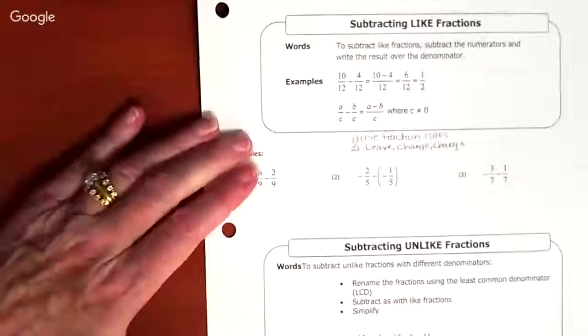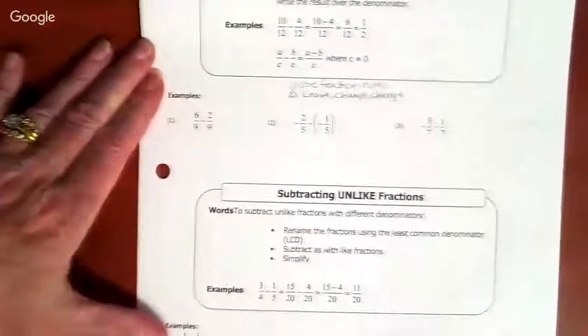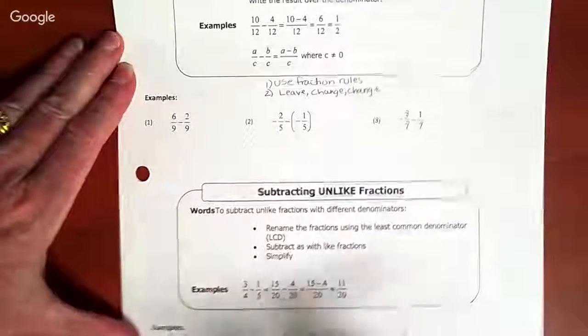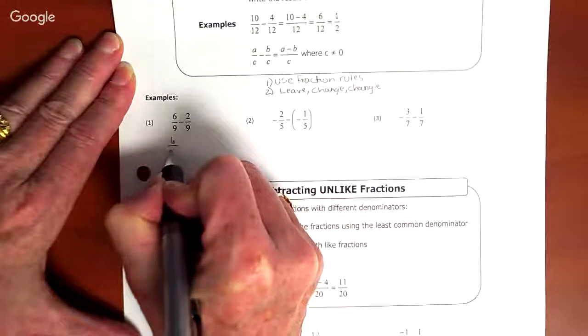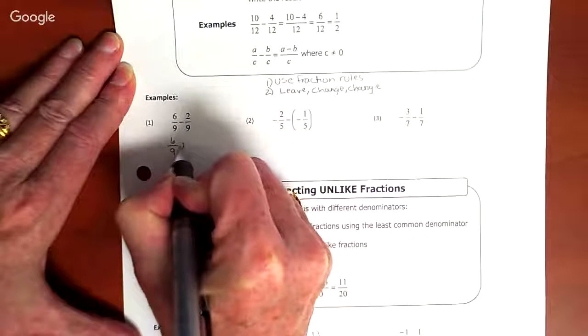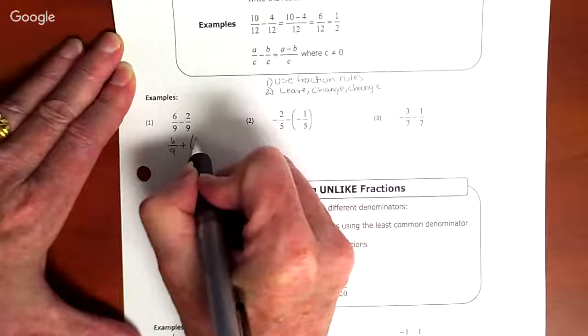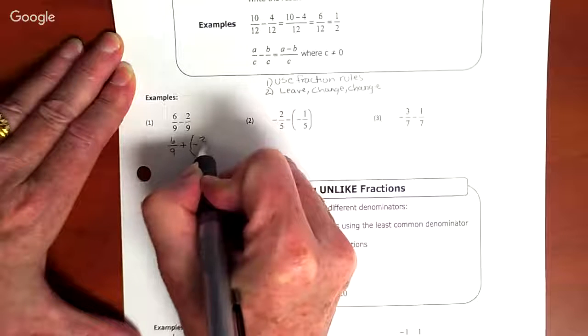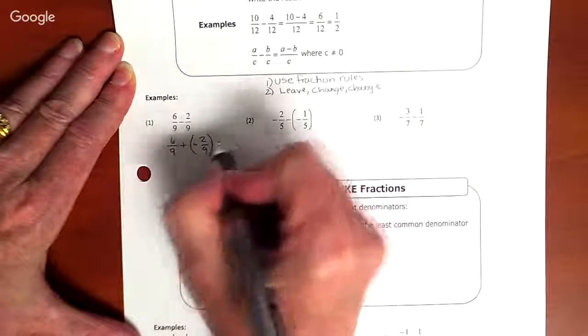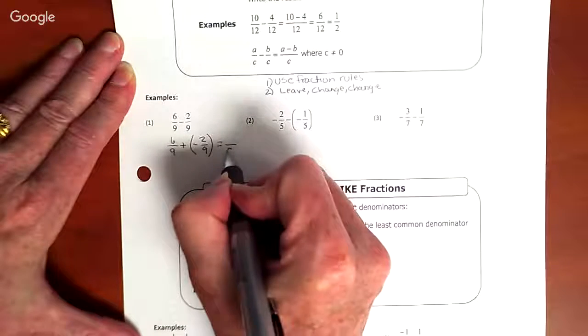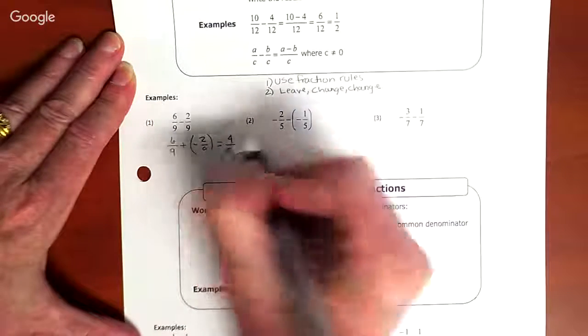Okay. So now we have leave, because these are the same denominators, change, change this to a negative 2 over 9. Our signs are opposite. We're going to subtract those two numbers, and we get 4 over 9.